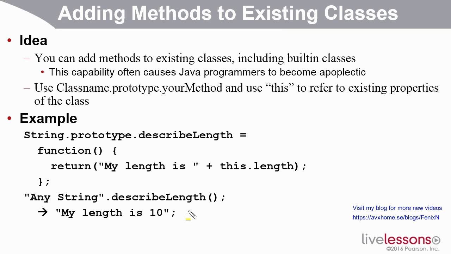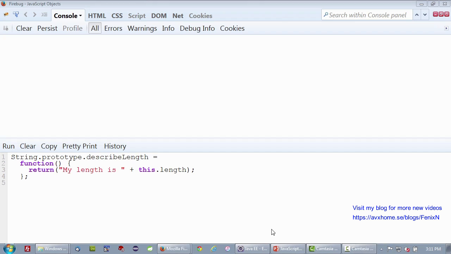So string is already built in. By using the prototype variable, I can add a new method to the string class. Once I do this, every string that's ever created in the rest of my JavaScript program will automatically have an additional method. Let me give you an example. So I use the prototype property to add a new class-level property whose value is a function, in other words, a method, to string.